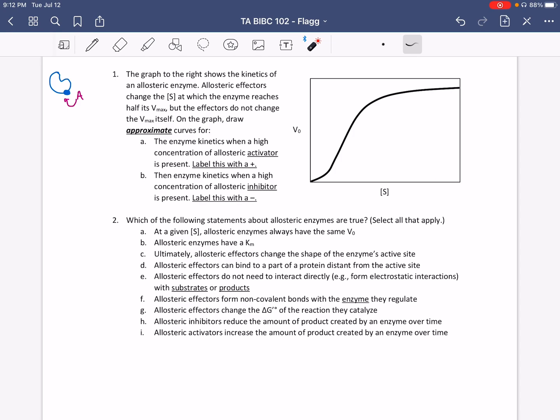So the active site will either become nice and opened up, ready for its substrate, or it will change and be a little more closed off, and its substrate will not be able to bind to it.